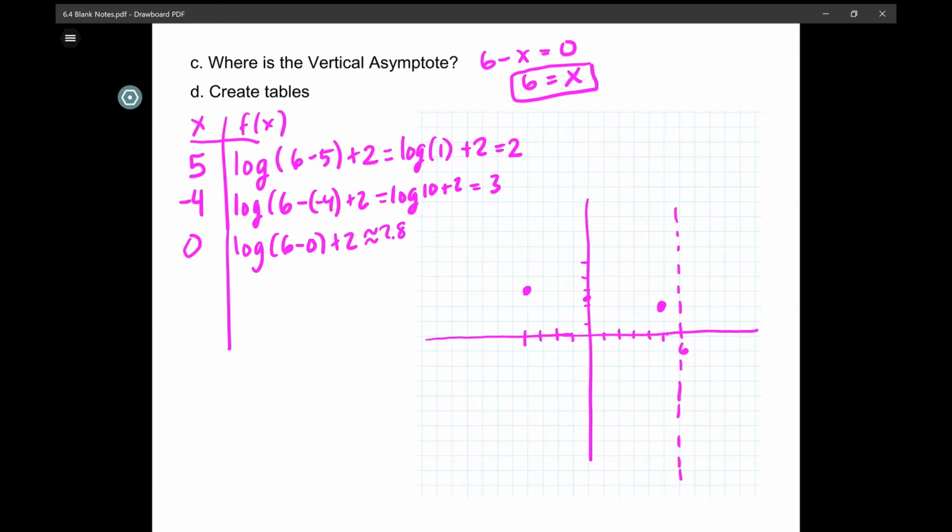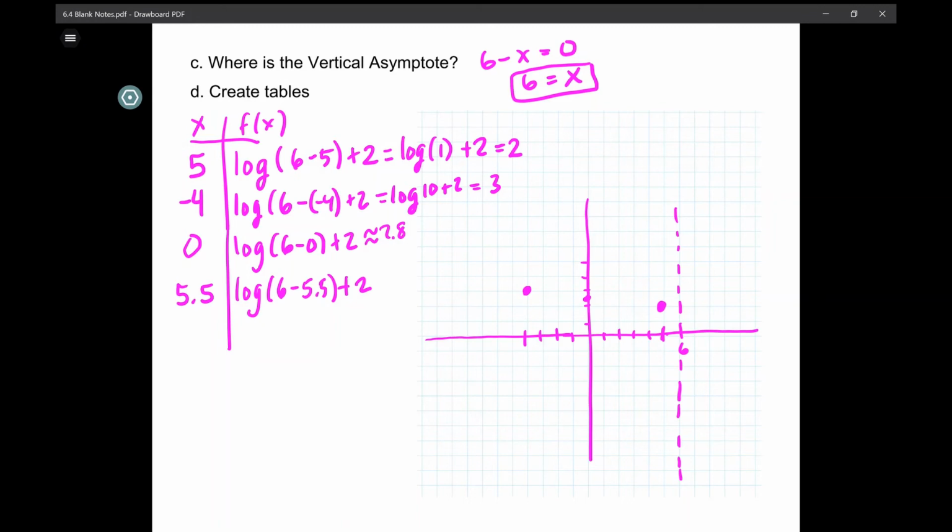And let's maybe put 1, 2, 3, 4, 5. I think it'd be useful if we did like 5.5 to get a feeling there. So as long as we're using our calculator to approximate, we can plug in 5.5. So log of 6 minus 5.5, compute the log and add 2 to that. 6 minus 5.5 equals 0.5.